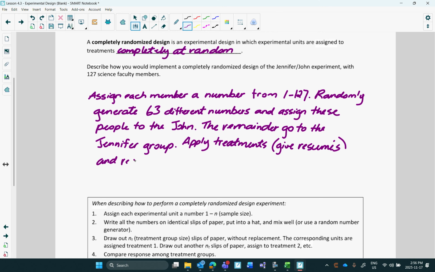And record hireability ratings and salary. Should always add this in at the end. Compare the results. So that's how you would do it.